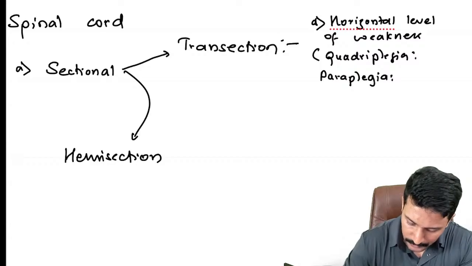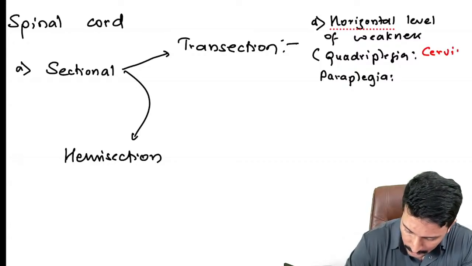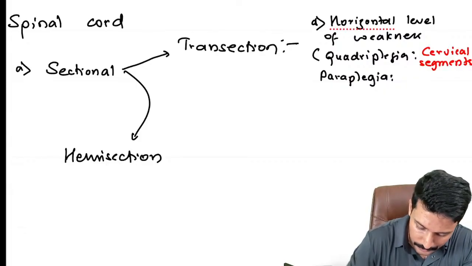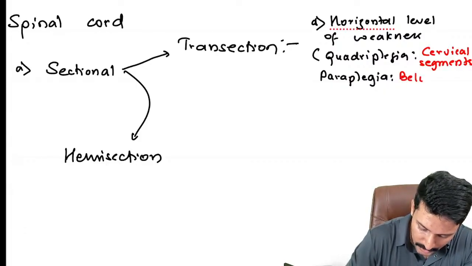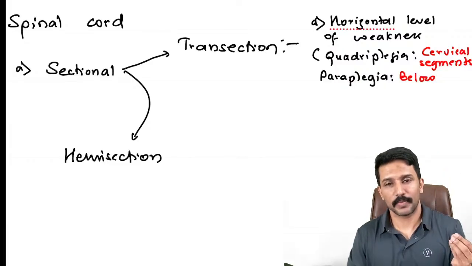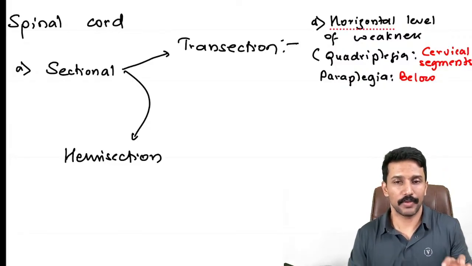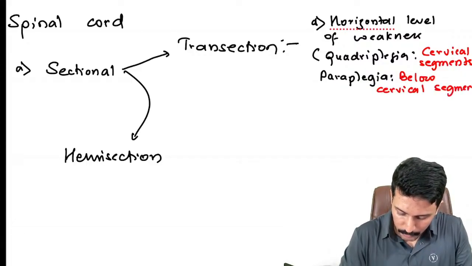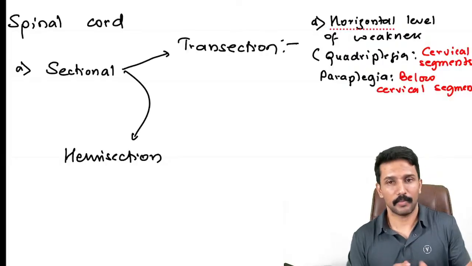So if the lesion is in cervical segments, then you end up with quadriplegia. But if the lesion is below cervical segment, meaning thoracic or lumbar, because the lumbosacral plexuses are responsible for giving the nerve supply to lower limb, you end up with a person developing paraplegia.